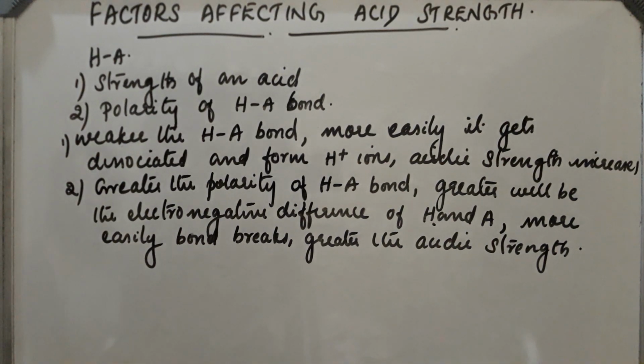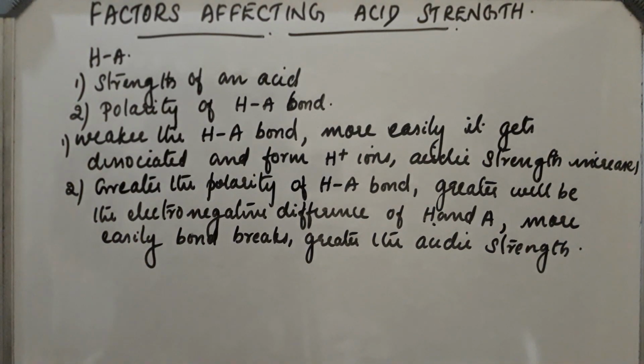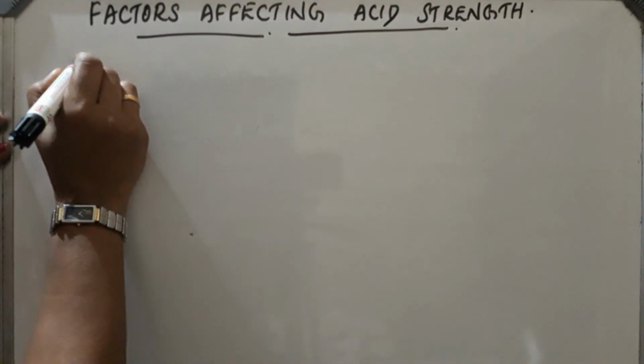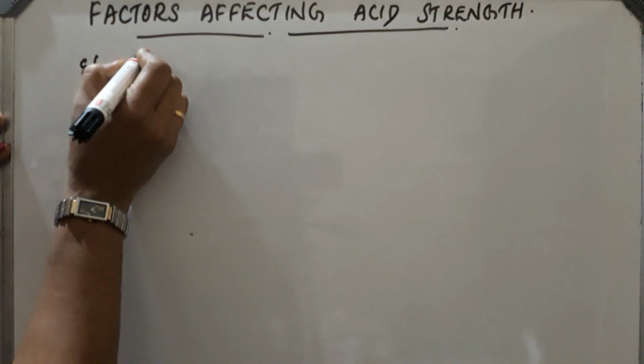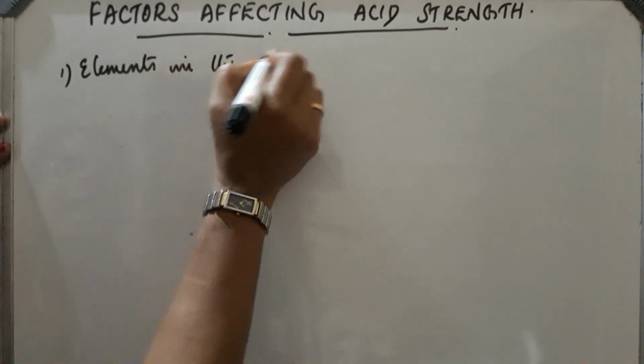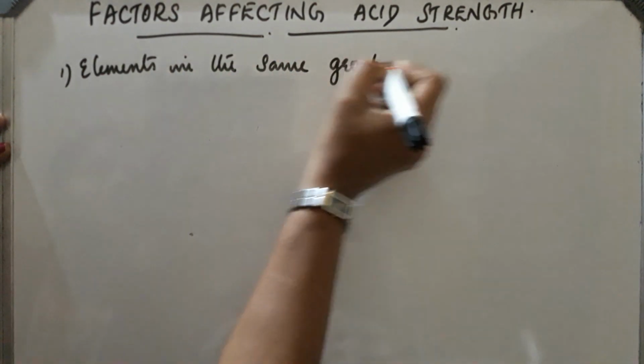Now let us take a few examples, the elements present in the periodic table. We can easily explain what happens down the group and along the period. First example, elements in the same group of the periodic table.